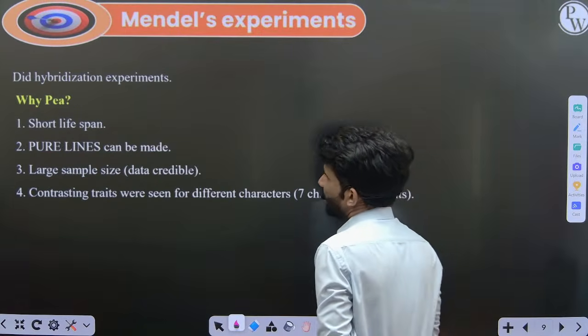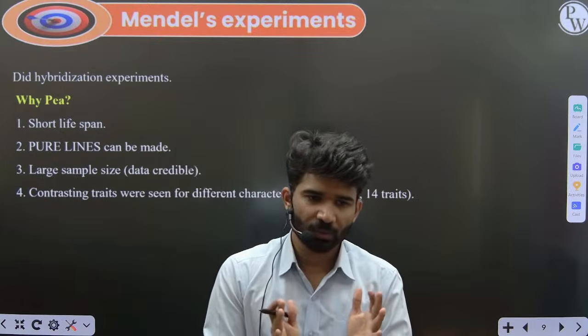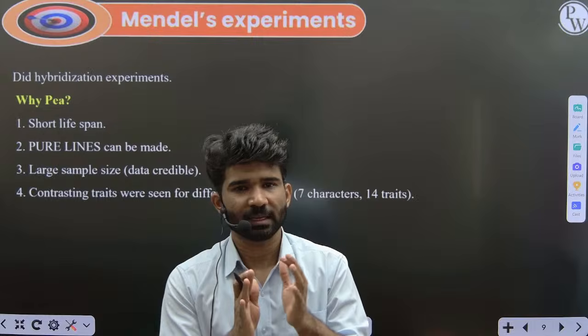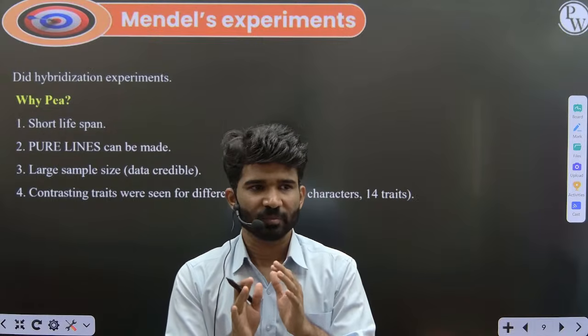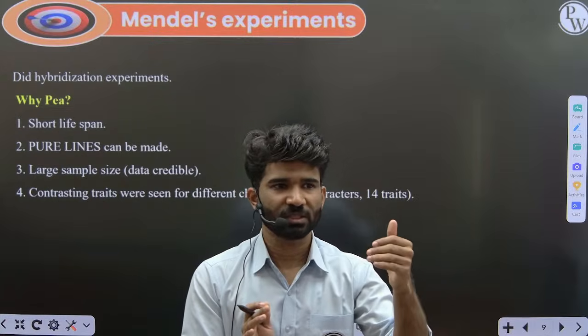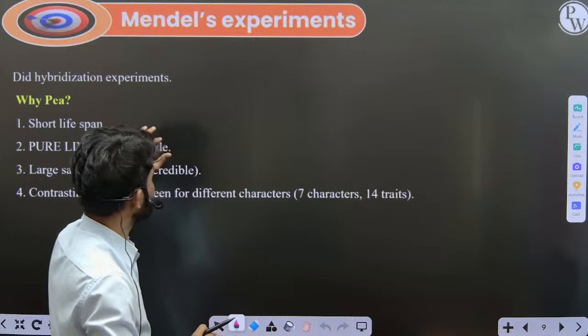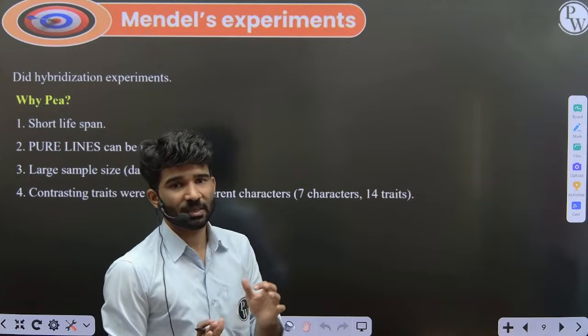So the next part is about the Mendel experiment. You already know he is the father of genetics. Before Mendel also, there were some scientists who studied genetics, but the most experiments and scientific studies were done by him.